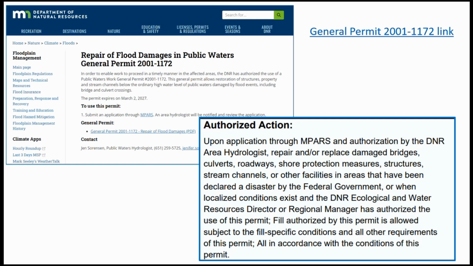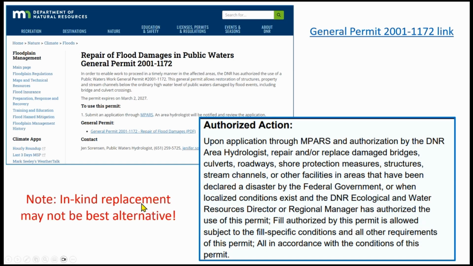We're making this general permit for repair of public infrastructure that's kicking in now in these counties. Our folks, that Jen Sorensen, who I know is on the call, and others can help communities with that general permit if you've got questions.